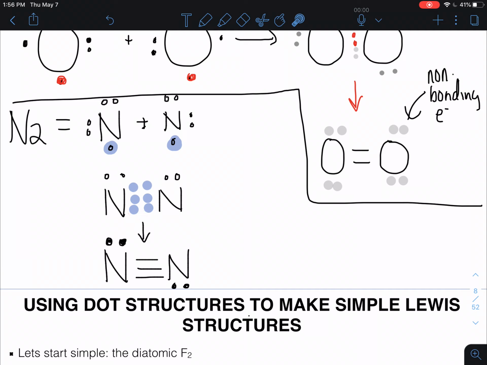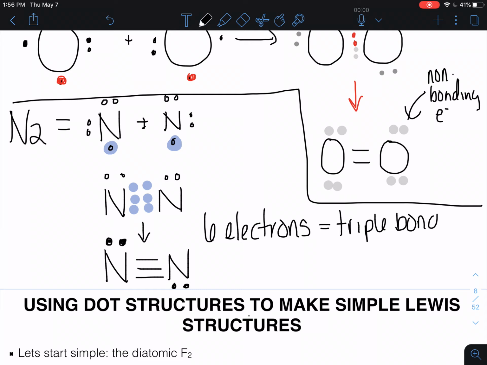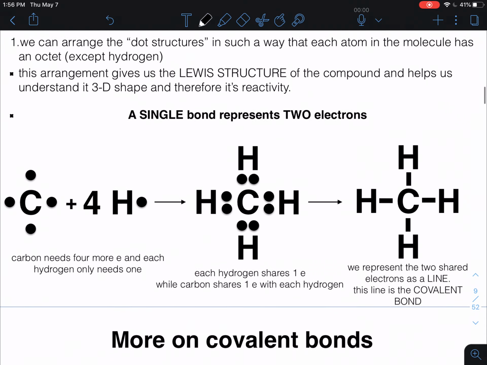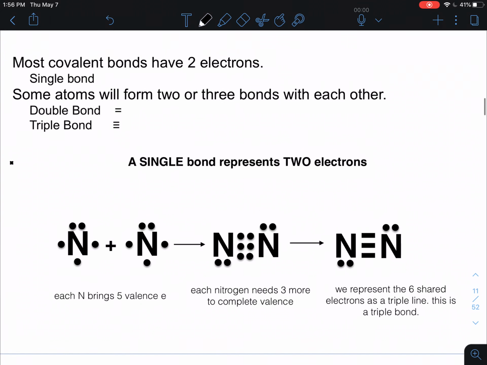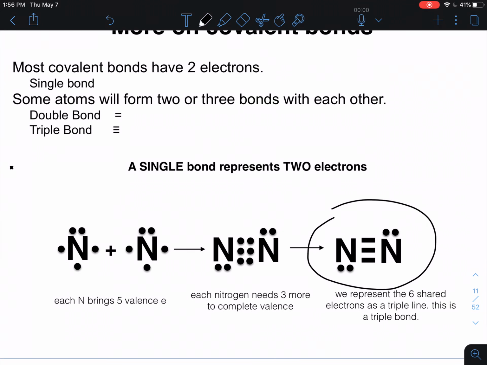A triple bond is 6 electrons. Okay, the sharing of 6 electrons is a triple bond. So again, here's nitrogen right here. There's the triple bond.